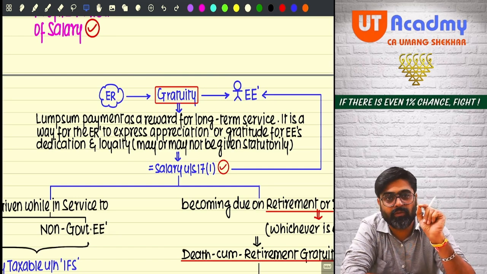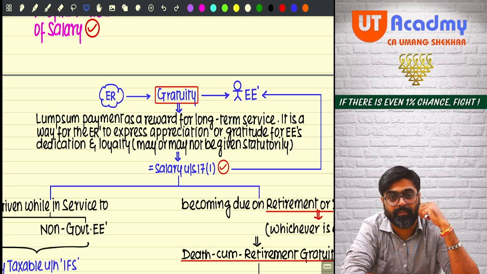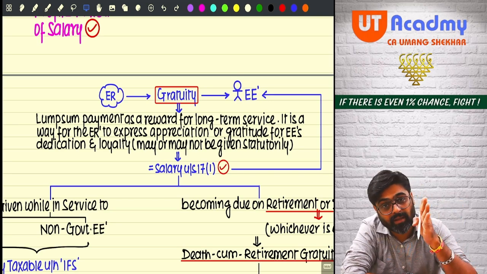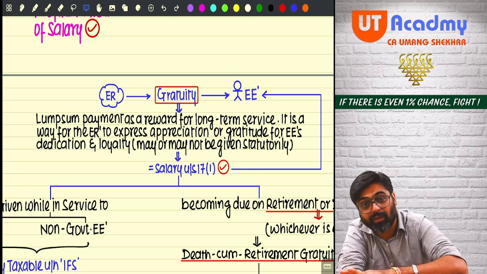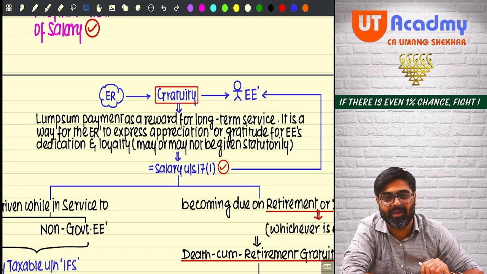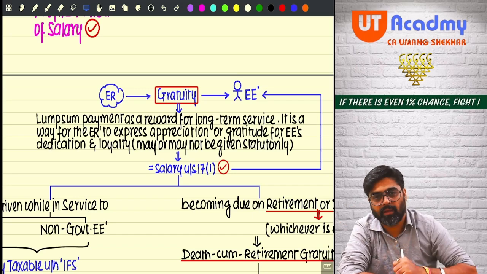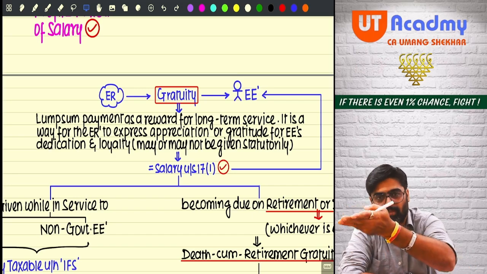Now this gratuity which you are getting, you can get at 2 points in time. One, you can get the gratuity while you are working only. You are not retired. You are working only. At that time also you can get it. What if the employer wants to say thank you before your retirement while you are working? He can say thank you and make you the payment, no?